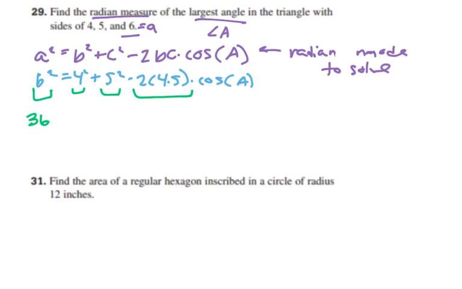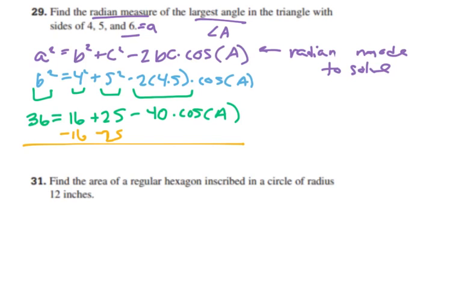So 36 is going to equal 16 plus 25 minus 40 times cosine of A. And then we have to move over our values. So 36 minus 16 minus 25 leaves us with negative 5. But then divide by that negative 40.